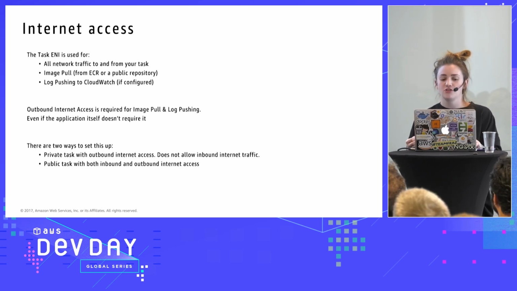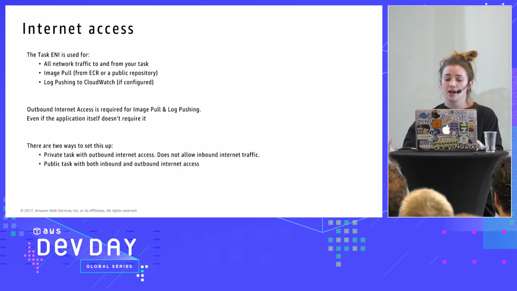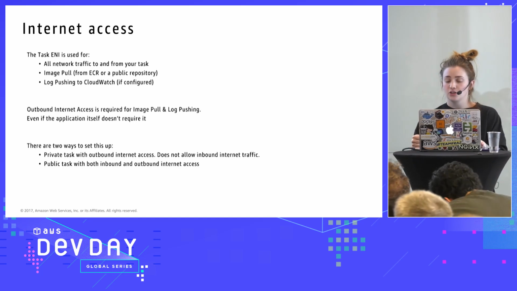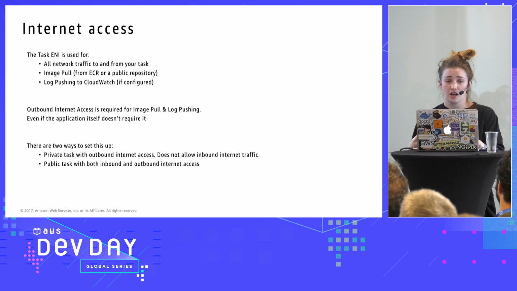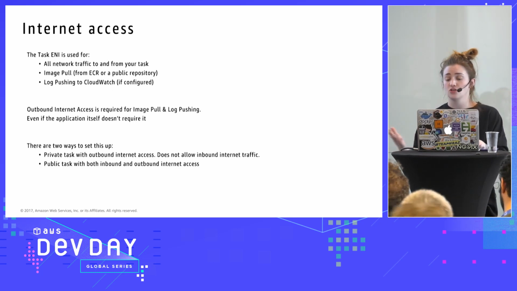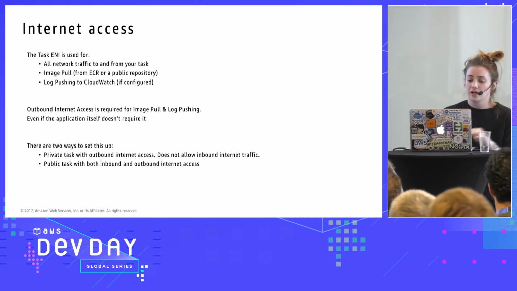What ENI boils down to, though, right, is network access. So what does an ENI do? It controls the network access to and from your task. You needed to do an image pull. So we control access to ECR through roles for ECS and Fargate. It lets you do log push into CloudWatch.